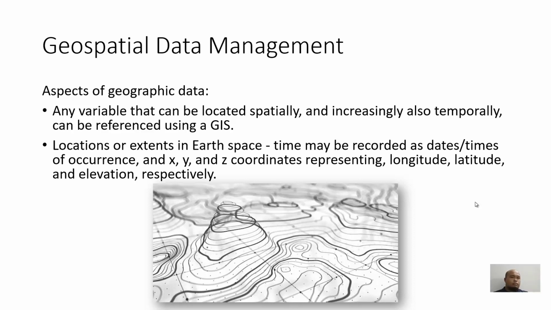And it is not just that. The recent trend of study has also incorporated the use of time. So the temporal aspect of geographic data refers to time. And all of that, of course, must be referenced to a single unit of GIS format.